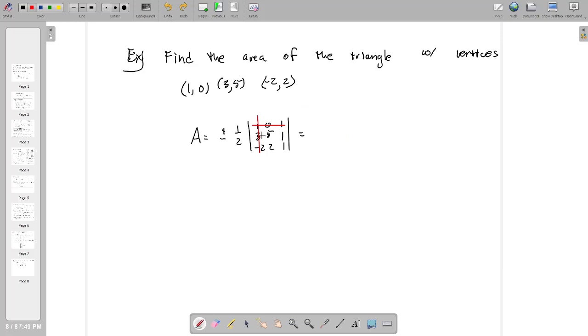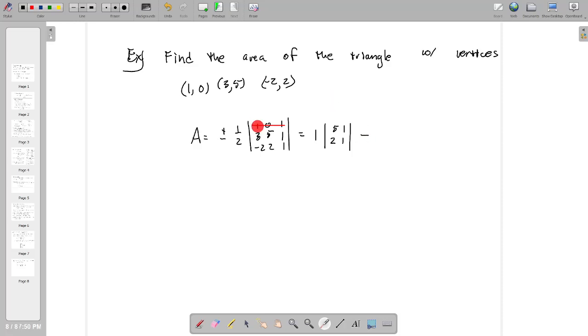So here, we're going to do 1 times the determinant of 5, 1, 2, 1. Now we subtract the second term because of that negative 1 to the 1 plus 2 power in the cofactor of a sub 2, 1, which will be negative. That's where this negative is coming from.